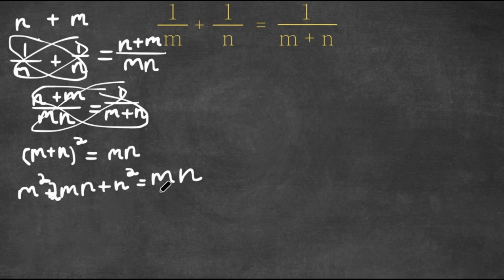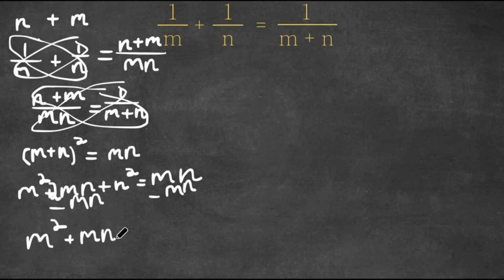Now, if I subtract mn on both sides, 2mn minus mn is simply just mn. So we get m squared plus mn plus n squared is equal to 0.